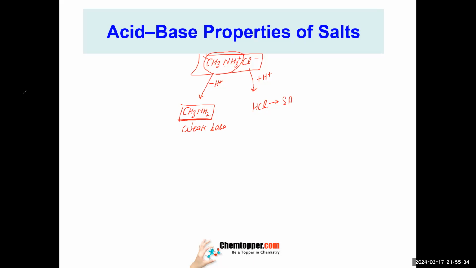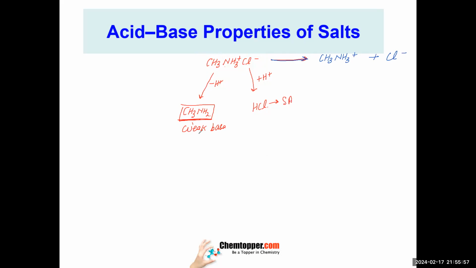Okay, now let's see. Now you're going to identify. When I'm going to put this compound in water, it's going to dissociate to give you CH3NH3 plus and Cl minus.